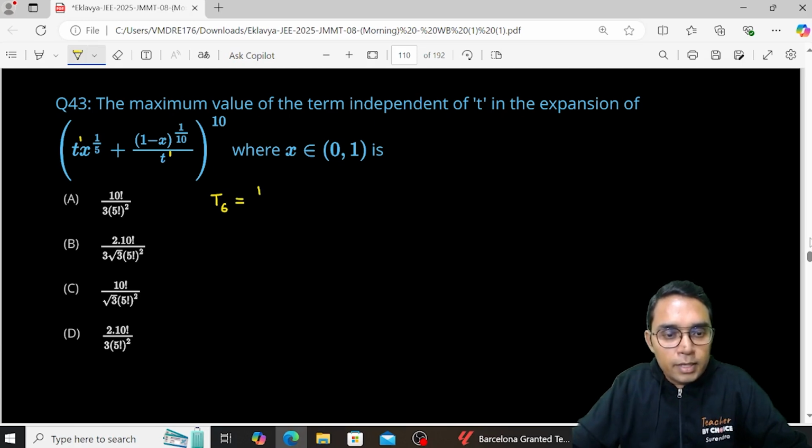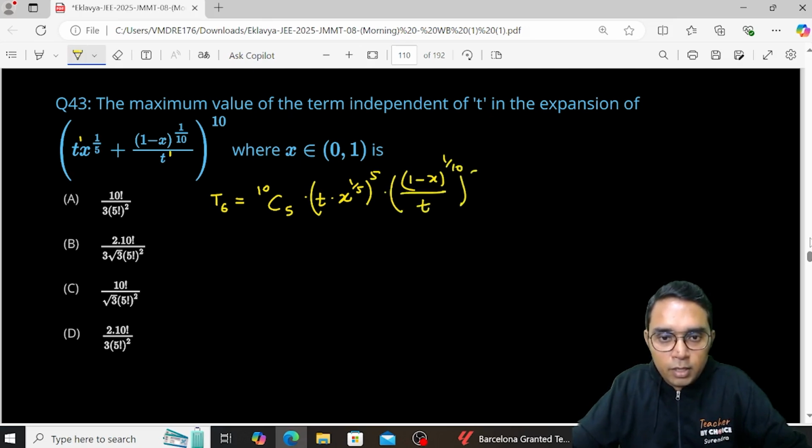So the 6th term, that is 10c5, and it will be t into x power 1 upon 5 raised to the power 5 here, and 1 minus x raised to the power 1 upon 10 upon t whole raised to the power 5 here, will give you the term independent of t. I have used symmetry. You can use the general term also and then make the power of t to be 0, and then you can see it is coming in the 6th term only. So this 6th term independent of t is coming out to be 10c5 into x here and 1 minus x raised to the power 1 upon 2 here.